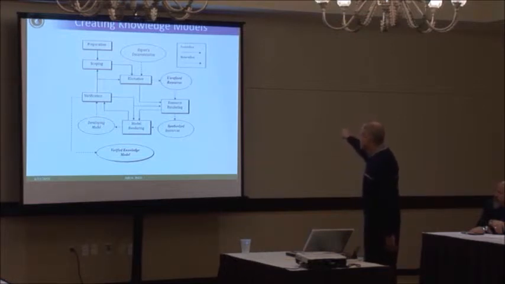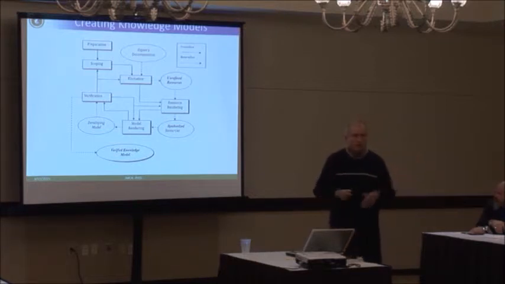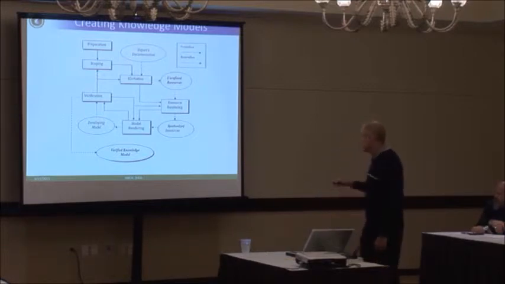We refine these resources by rendering them into a form that can be included into a knowledge model. The synthesized resources are the refined resources, an edited video clip, a concept map that has been wordsmithed so that it reads better, et cetera, et cetera. We combine these together to form an emerging model, which is the output of that.